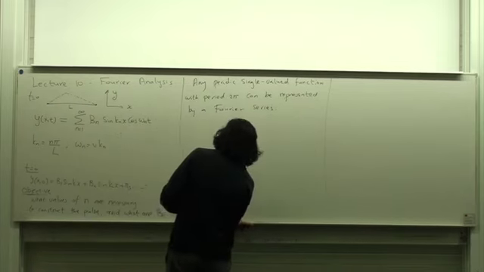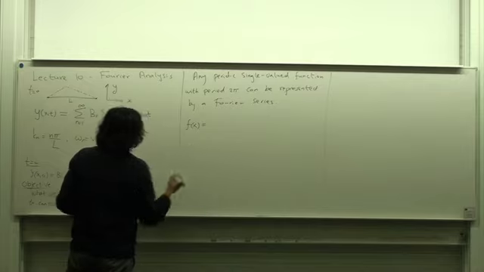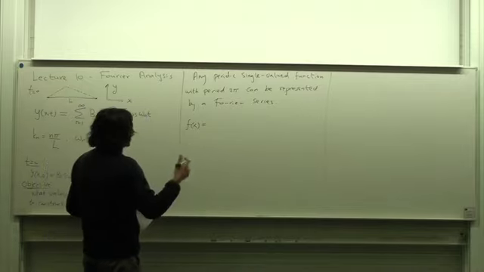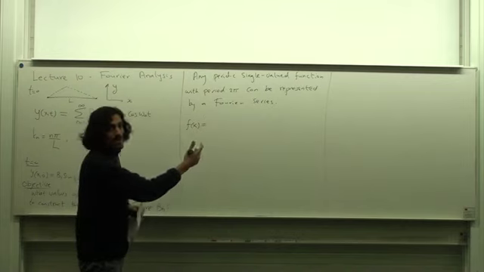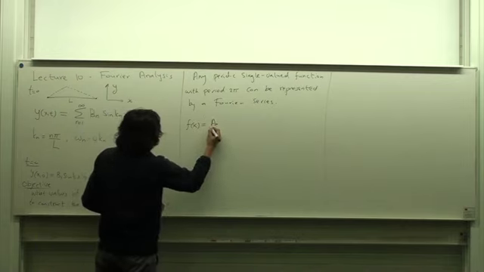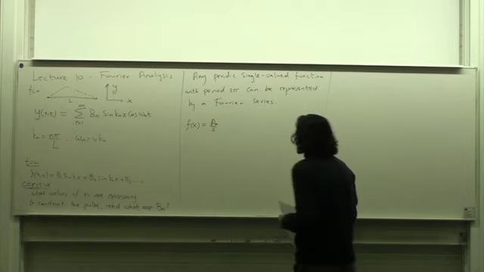All right, so we have a function f of x, and that function I can write as some constant. Now I could write c for that constant, but I'm going to write a0 over 2. You're going to see why later on.